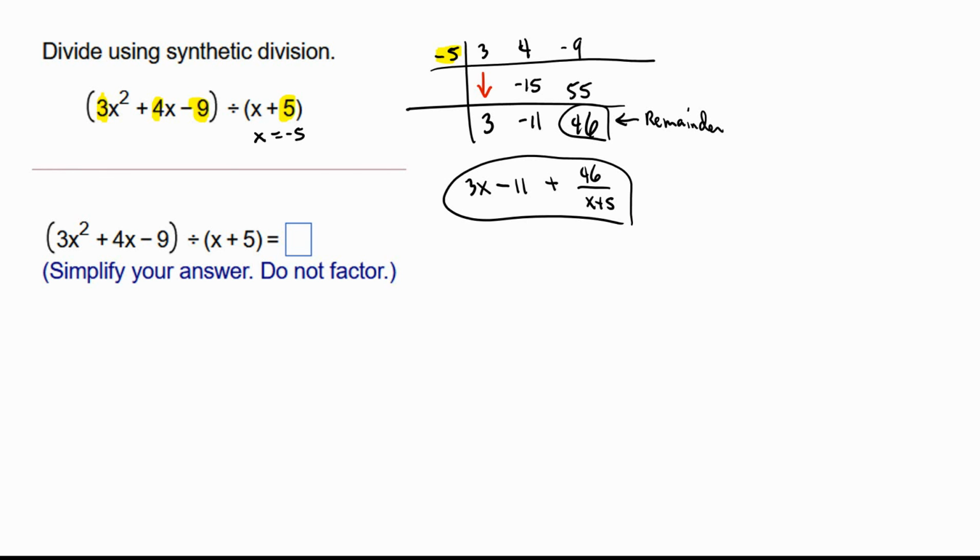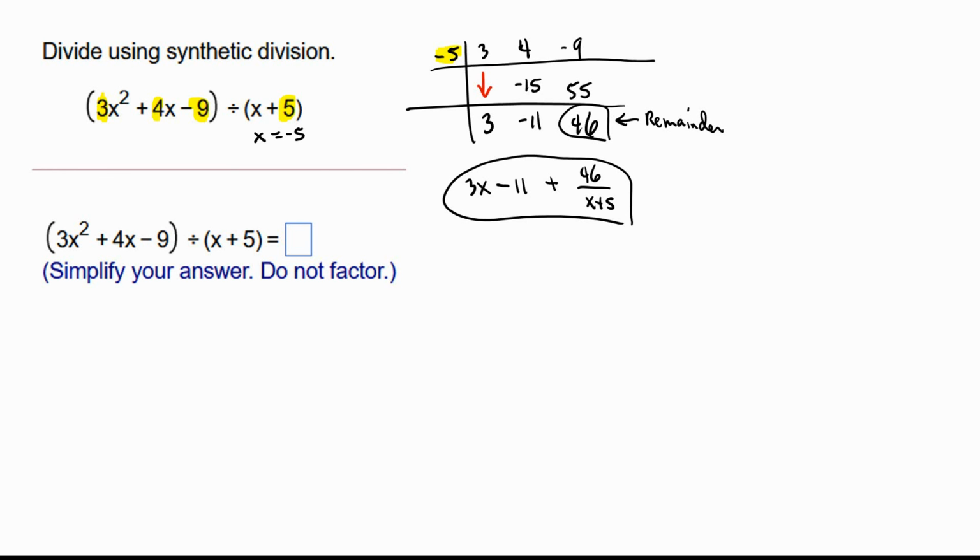Yes, sir. So on the test, will we get to pick one or the other? No, it's going to say it. It'll say work this problem by long division. Then the next problem, it'll say work this problem by synthetic division. But here's what I would do if I were you. If you're working by long division, check with synthetic division, and then vice versa. You got a real good checking mechanism.